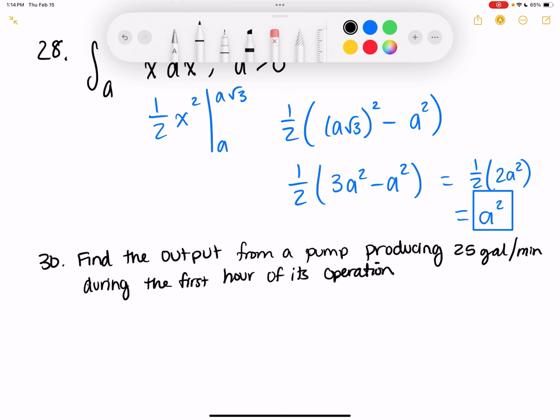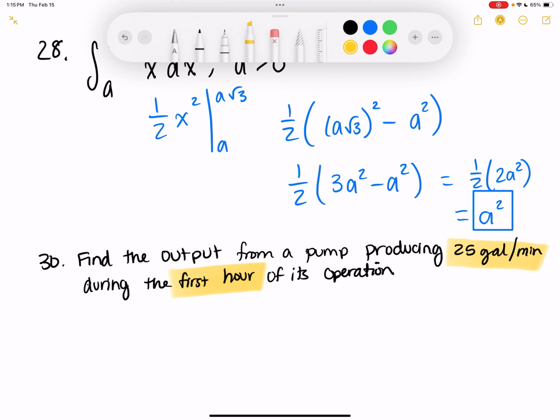Now, something to notice here. This is given as 25 gallons per minute, okay? But notice it says during the first hour of its operation. What's the problem? 60 minutes have passed. So the units are different. One hour is 60 minutes.